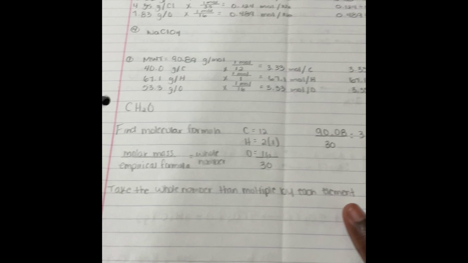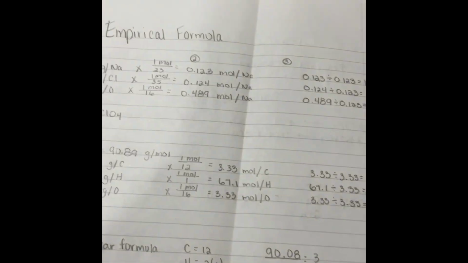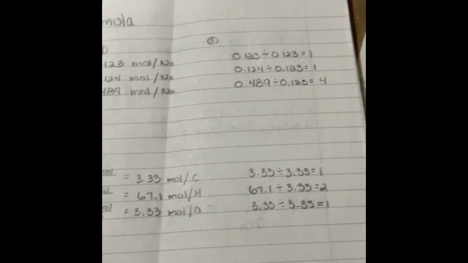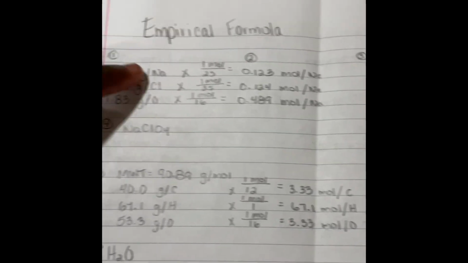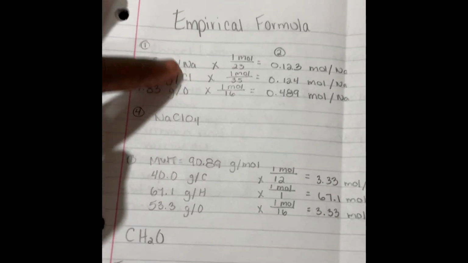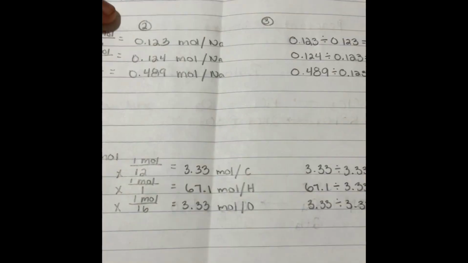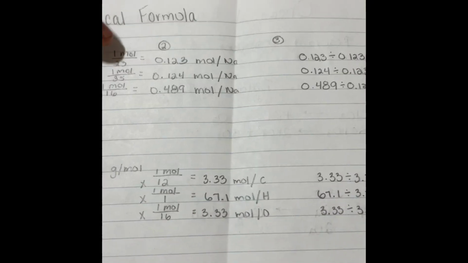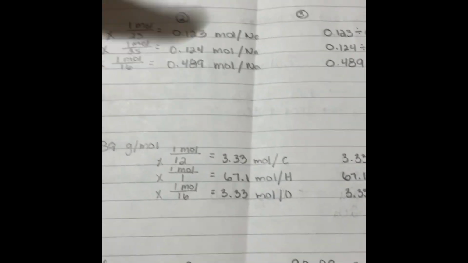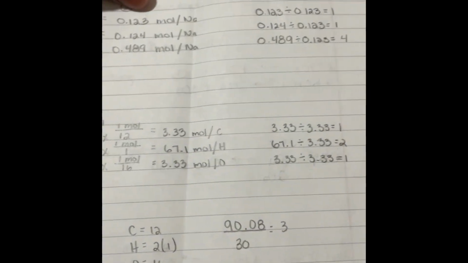To tell the difference between an empirical formula and a molecular formula, first you will start with the empirical formula. The empirical formula is found by working out the molar mass for each element, and then for each one you will divide by its molar mass, 23, 35, 16, and you'll get these numbers.